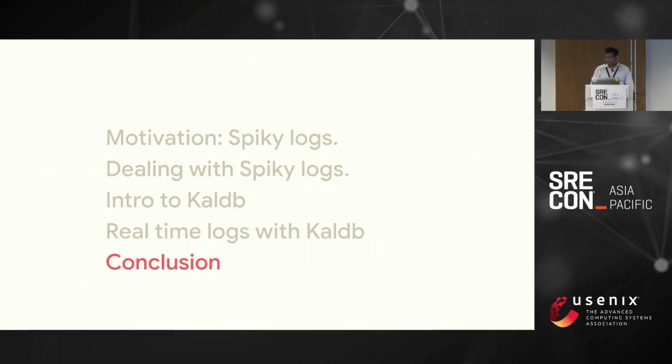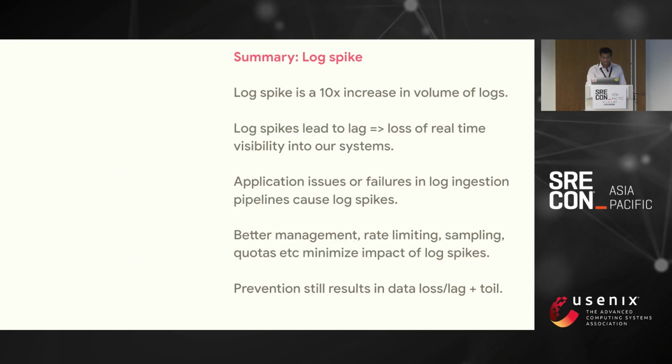And yeah, let me quickly summarize and conclude the talk. As we've seen, again, for the 100th time, a log spike is a 10x increase in the volume of logs compared to the provisioned capacity in your system. Log spikes lead to lag, because of which you lose real-time visibility into your systems. Application failures or issues in log ingestion can cause log spikes.